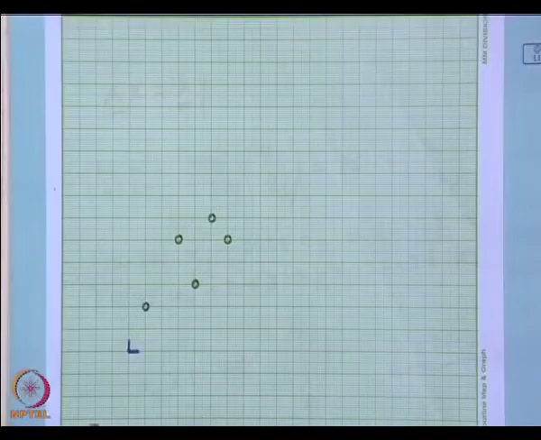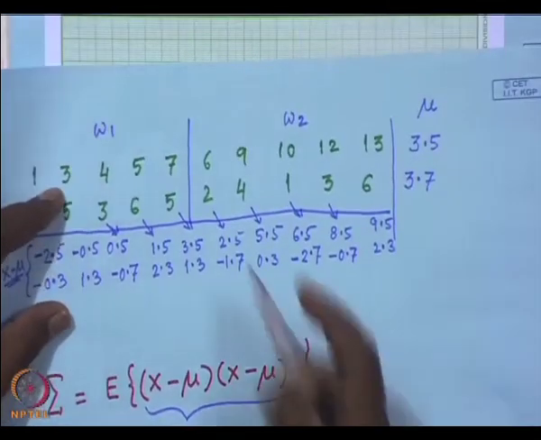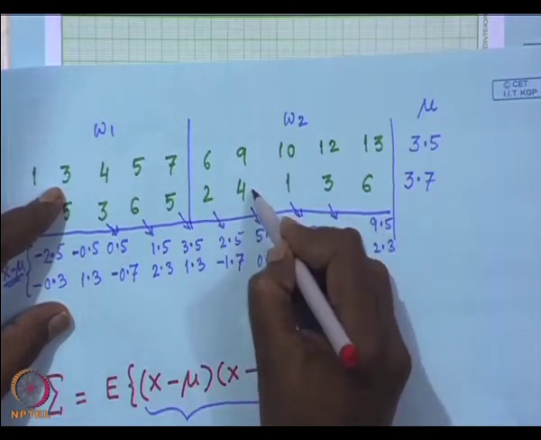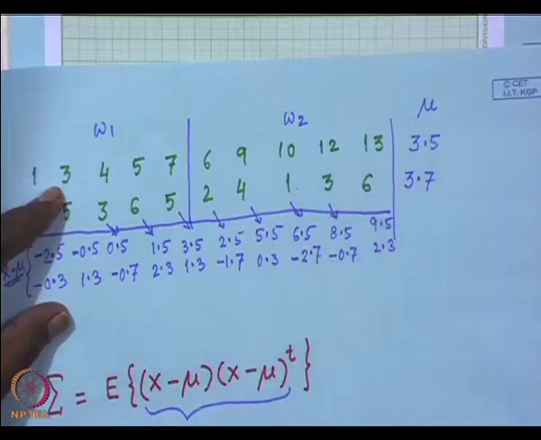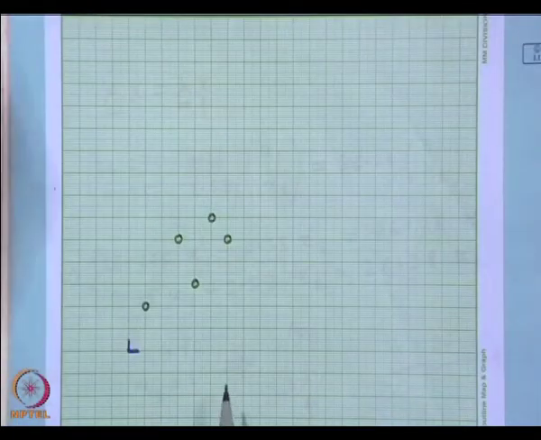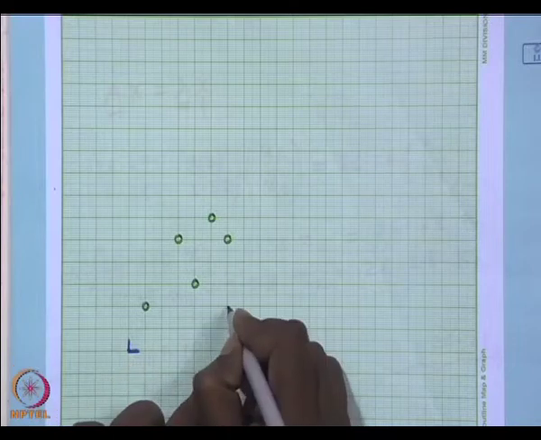Now, let us plot the feature vectors which belong to class omega 2, and I put them in red color. So, the first one is 6 2, you check from here, the feature vectors are 6 2, 9 4, 10 1, 12 3 and 13 6. Okay. So, 6 2, 1 2 3 4 5 6 2. So, this is one feature vector.